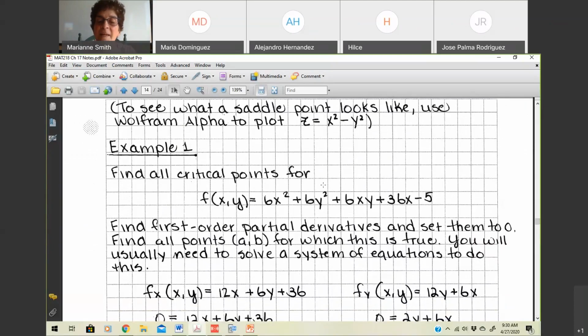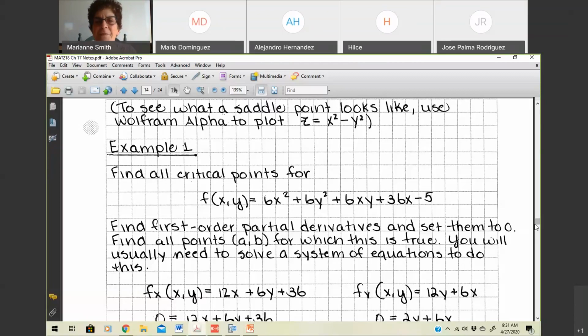We're lucky: the highest degree in this function is 2, so when you differentiate it, you wind up with a linear system, which is nice. Linear systems, in most cases, I can solve with a matrix RREF. If the degree is higher than 2, though, you're going to wind up having to solve a nonlinear system, which either is going to take some algebra or some sort of online tool to solve the system.